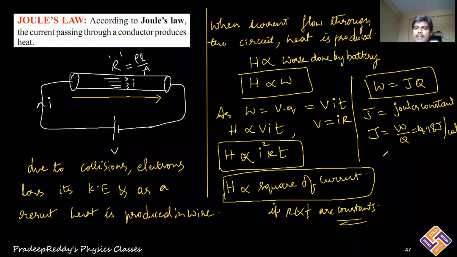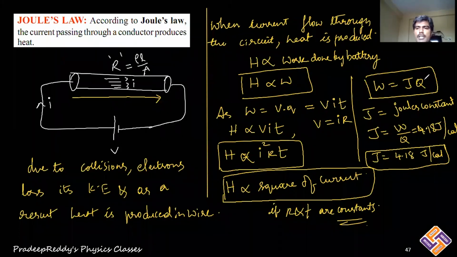So remember that J is equal to 4.18 joule per calorie. That is the value of J, where J is Joule's constant. Whenever Joule's constant is taken, you can simply write it as 4.18. Its value is numerically equal to 4.18.